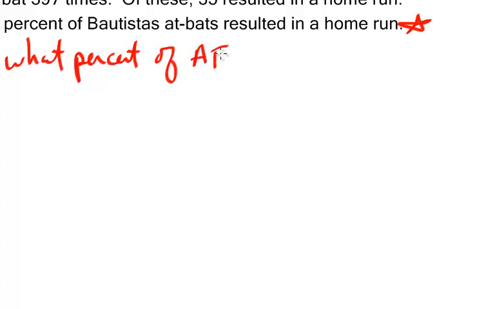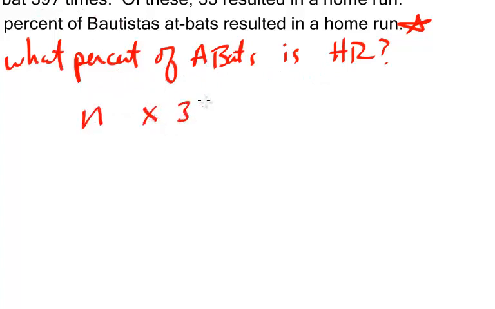We translate this to, watch, what percent of at-bats is home runs? Feel free to do this, make it simpler for yourself. So n times at-bats, he was up to bat 397 times, equals his home runs, which was 35.